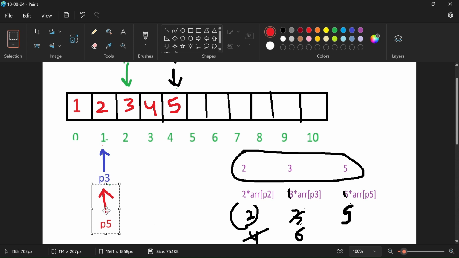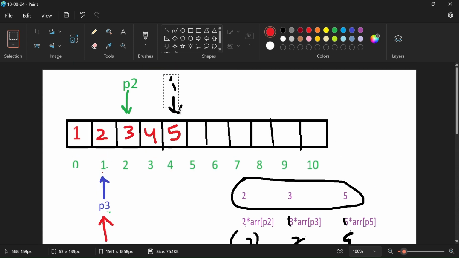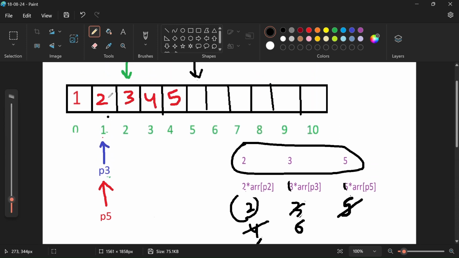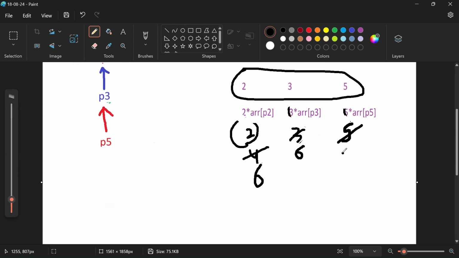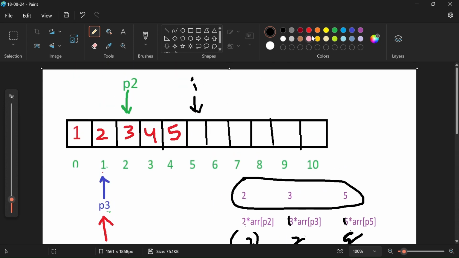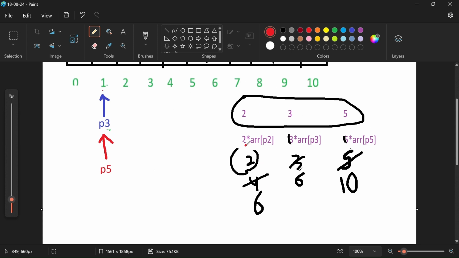We move our current pointer to the next and update the next multiple of 5, which is 5 into array of p5, which is 10. In these three, what is the minimum number? 6, right? Out of 6, 6, 10, the minimum is 6, so we write 6 at our current pointer and update the pointers which have the value 6, which are p2 and p3.